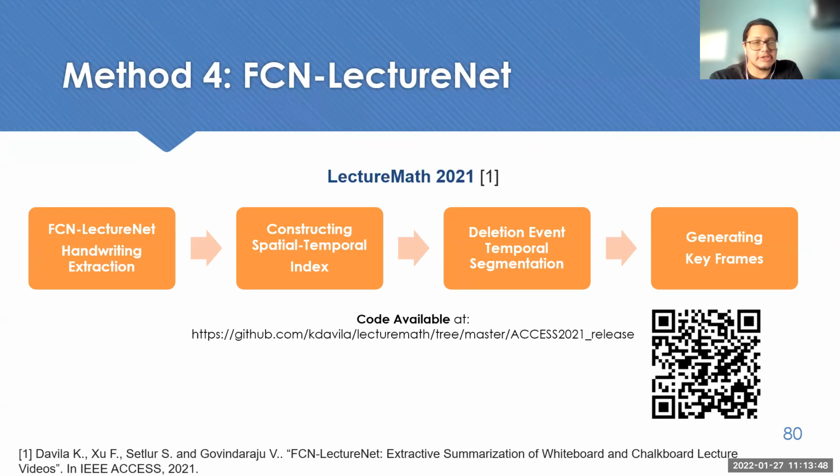Followed by the same spatial-temporal analysis to try to bring back the content that was occluded and not visible on some frames. And using the deletion event signal, then we have the temporal segments, the content. And so the last thing is to use this information to generate the keyframes. And right now, that's the best method that we have. Once again, the code is publicly available. So if you want to download it, try it, play with it, you can download it and use it.